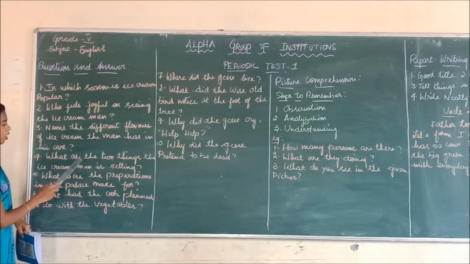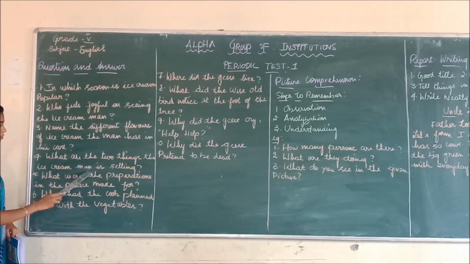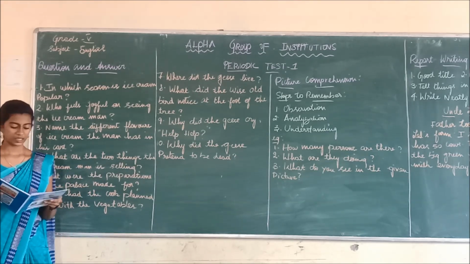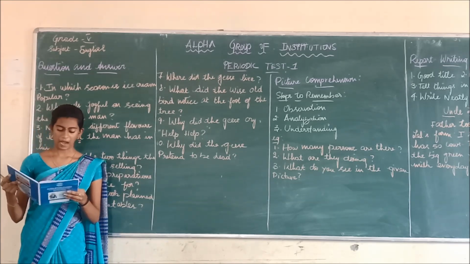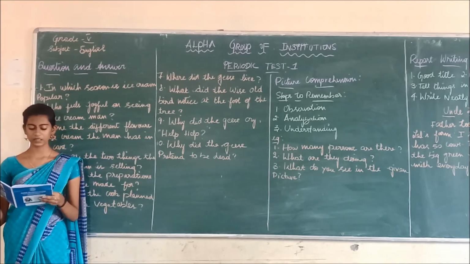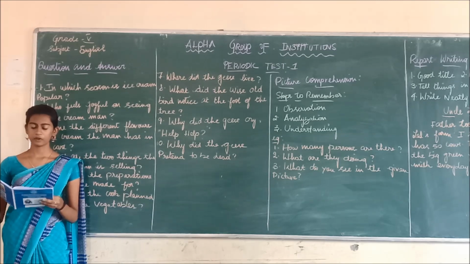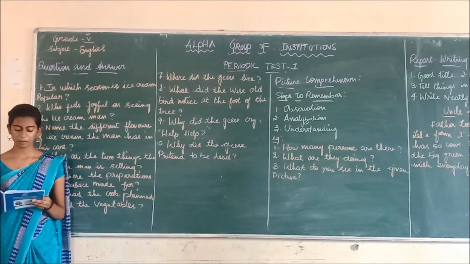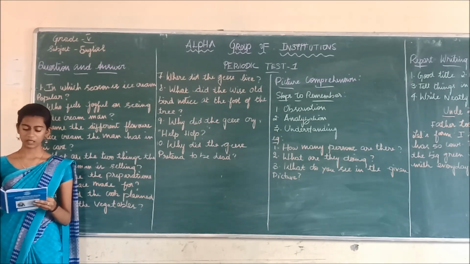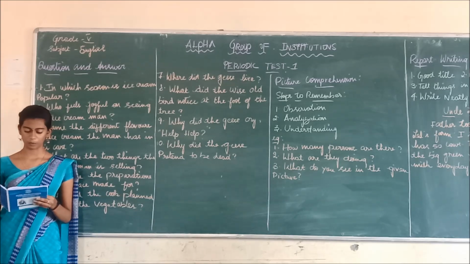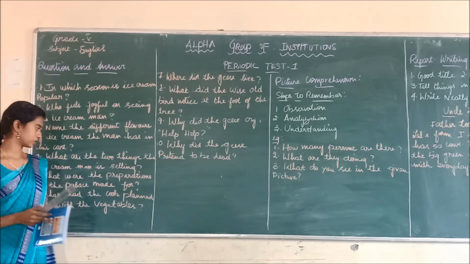Fourth question. What are the two things the ice cream man is selling? The ice cream man is selling ice creams and chilled drinks from the bottles of Frosty Fizz.